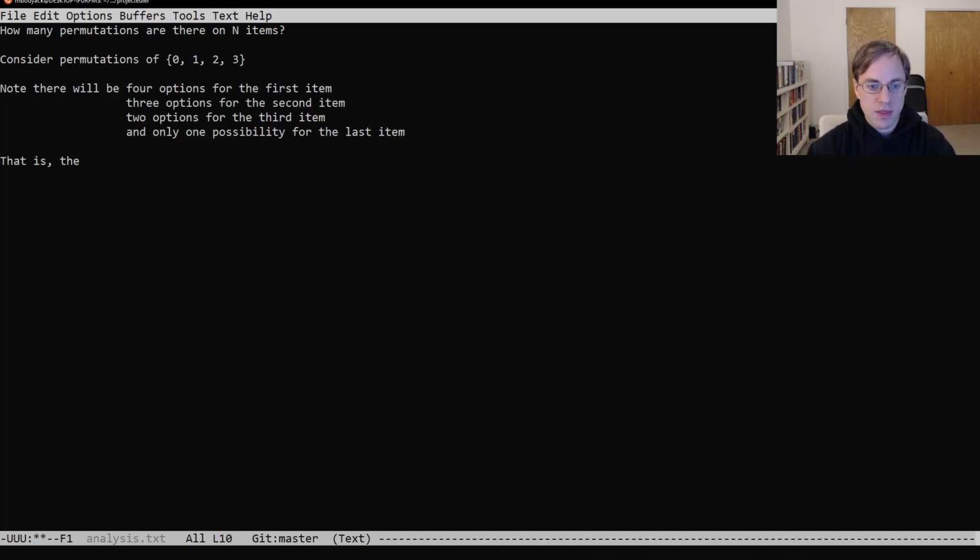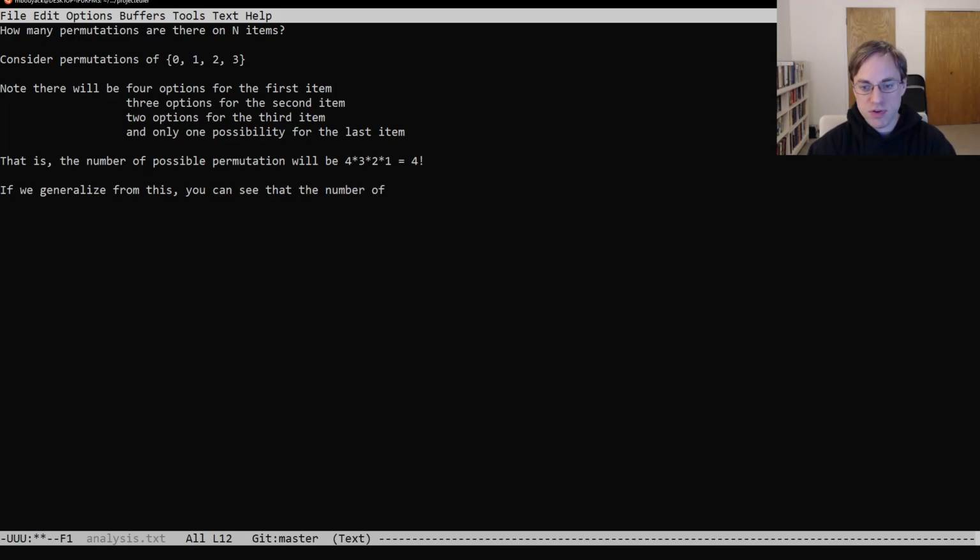That is, the number of possible permutations will be 4 times 3 times 2 times 1, which is equal to 4 factorial. If we generalize from this, you can see that the number of permutations on n items is just n factorial. That is n times n minus 1 times n minus 2, all the way down to 1.